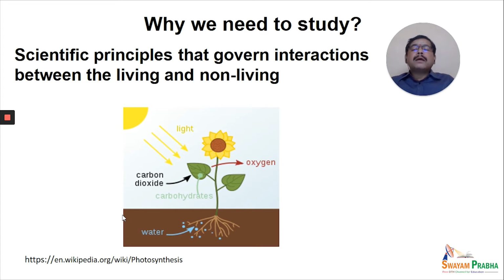When the solar radiation falls on this green pigment chlorophyll, it gets activated, takes up the carbon dioxide and synthesizes starch, which is a carbohydrate, which is stored in the form of a fruit or a shoot or vegetables or whatever it might be. And in the end, it releases pure oxygen.